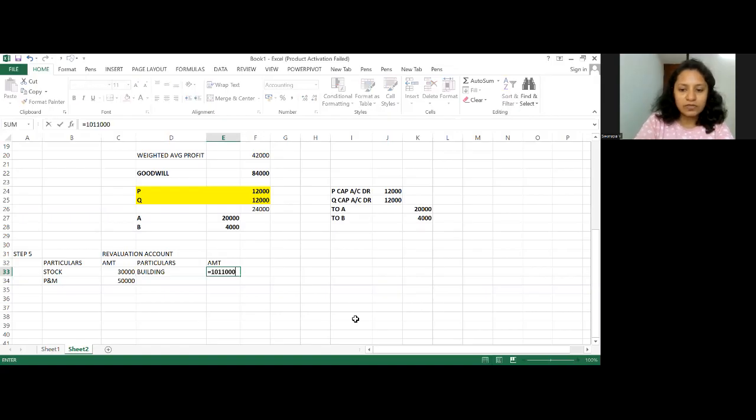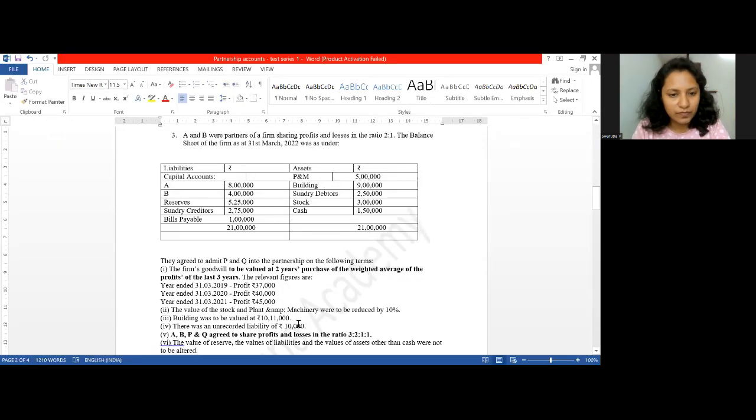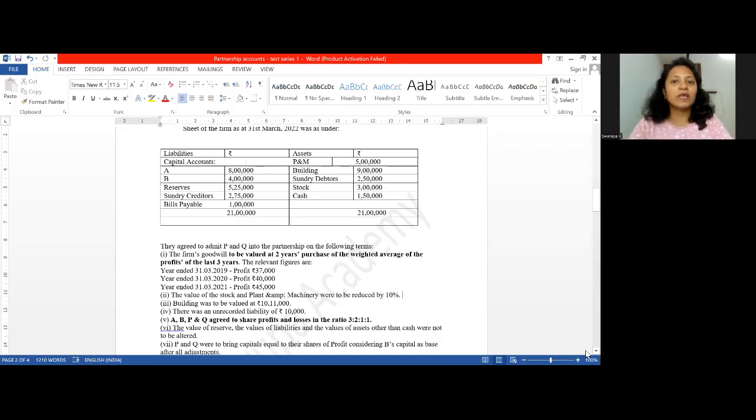10 lakh 11,000 minus 9 lakh. There was an unrecorded liability of 10,000. So when there is an unrecorded liability, now we have to record it. When a liability is getting recorded, the liability account will get credited. So what is the corresponding account? Revaluation account will get debited.